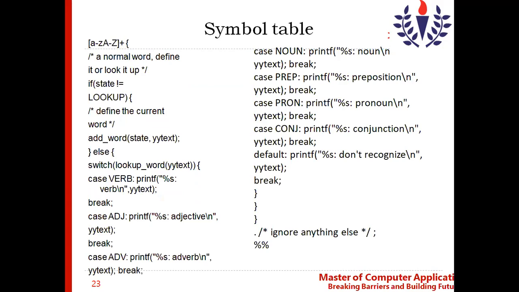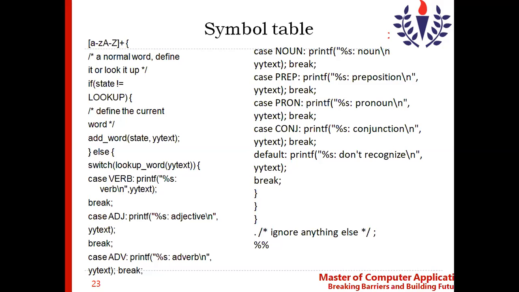So this is the case when state is not equal to lookup. If state is equal to lookup, what needs to be done? It goes to the else part. In the switch statement we give lookup word, yytext. Now, the user is giving some input, but he has not started with a verb or an adjective.